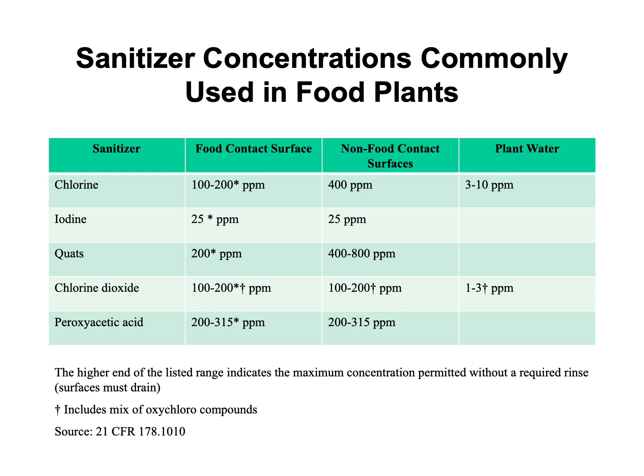They have a certain concentration for food contact surfaces, non-food contact surface concentrations, and then a sanitizer possibly being used in the water in a facility. So we want to make sure that we understand the levels within water too. It's good information here. I'll leave it up for a second, but again, this is 21 CFR 178.1010.